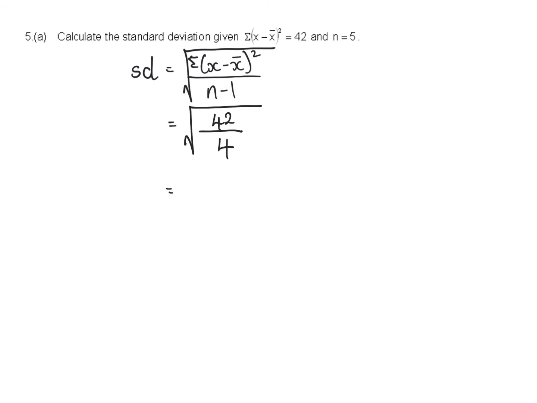So I'm going to put this working out into my calculator, and it gives me 3.240. Again, I'm going to round it to 2 decimal places, which gives me 3.24. Because I've rounded down for the 0.